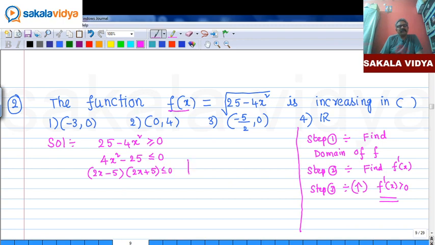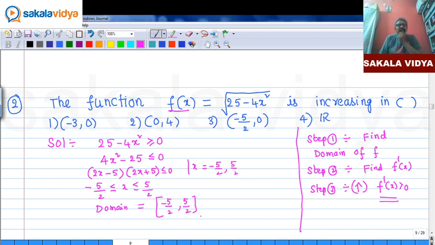Here x values will be minus 5 by 2 and 5 by 2. That means here domain x lies between minus 5 by 2 less than or equal to x, x less than or equal to 5 by 2. So here domain of f is minus 5 by 2 comma 5 by 2, this will be useful for function chapter also. So in this interval only you need to check whether this function is increasing or not.